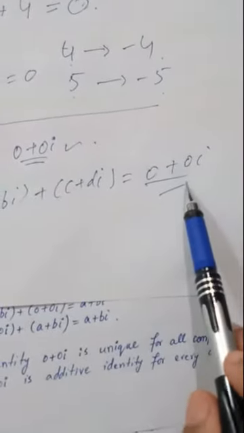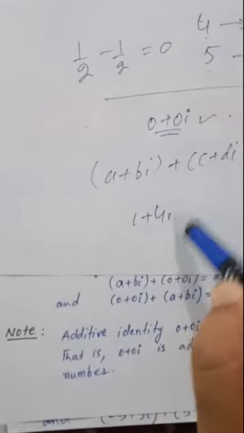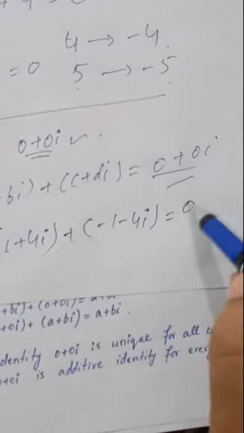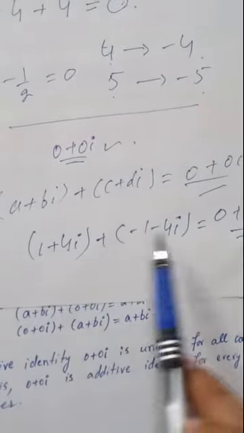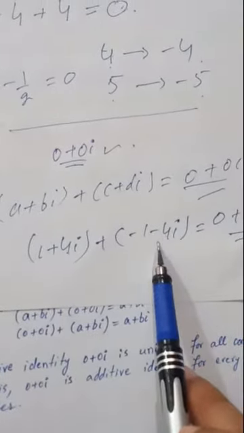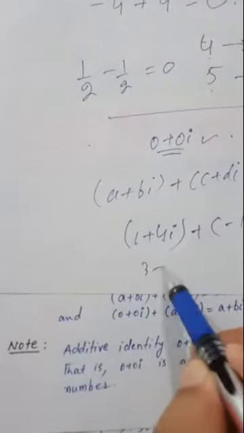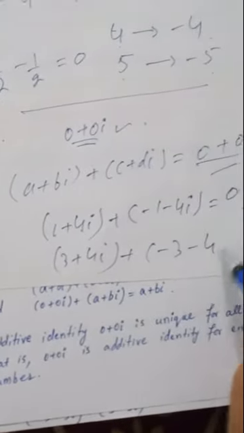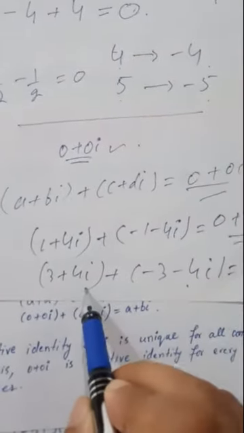If I write 1 plus 4 iota, its additive inverse will be minus 1 minus 4 iota, because from the addition of these two you get the additive identity. If I change this complex number to 3 plus 4 iota, minus 3 minus 4 iota will be the additive inverse, and vice versa.